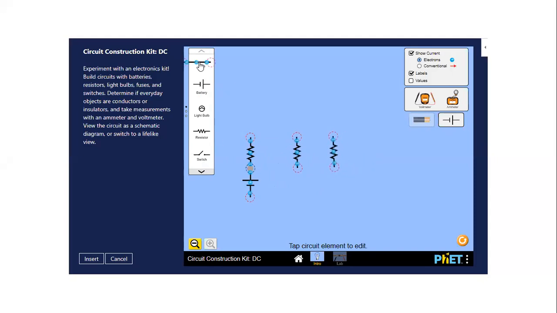Okay, take a wire and do the connections. Take a piece of wire.